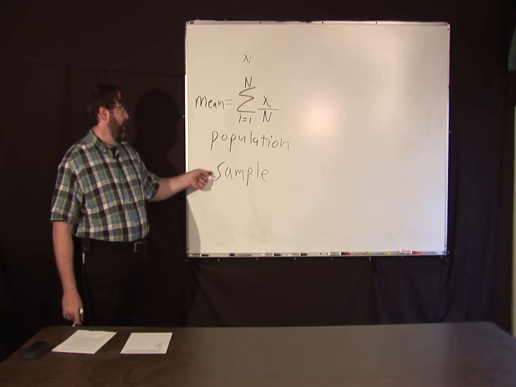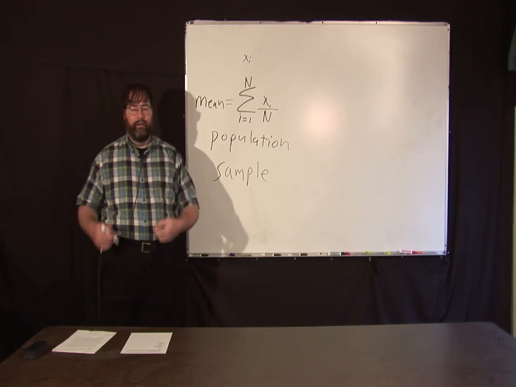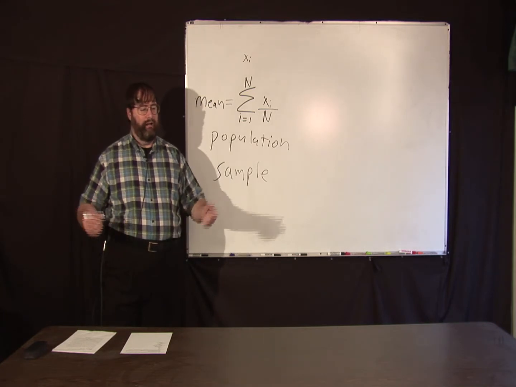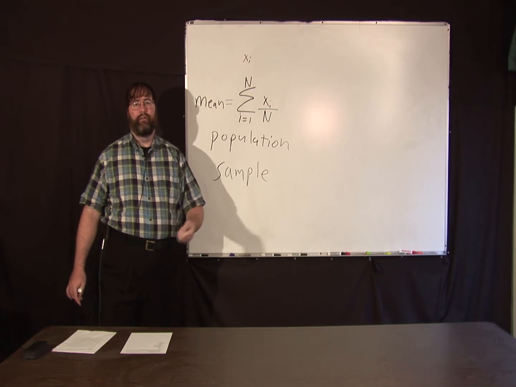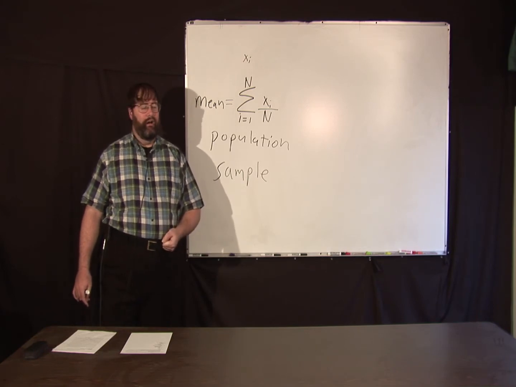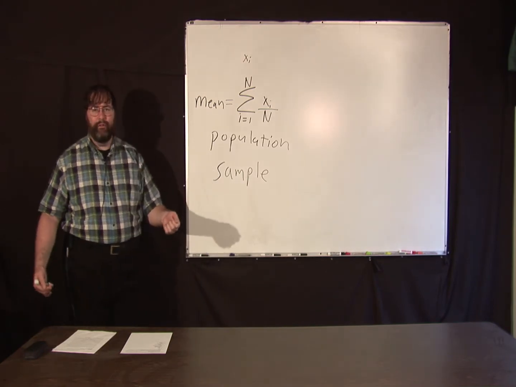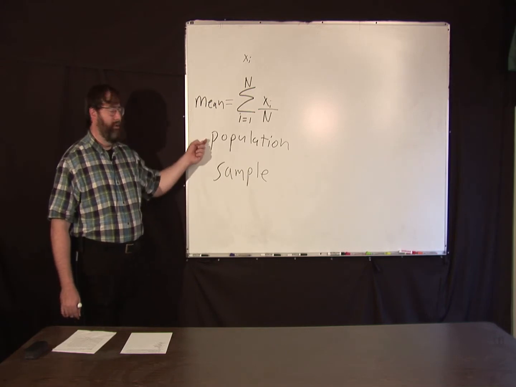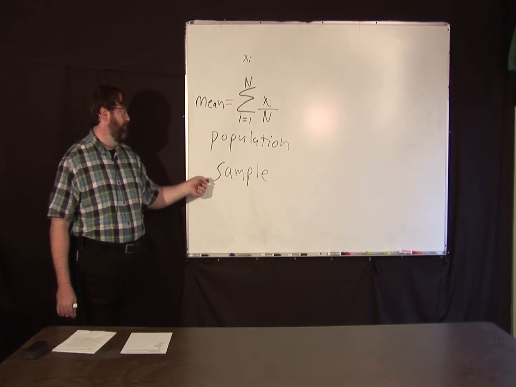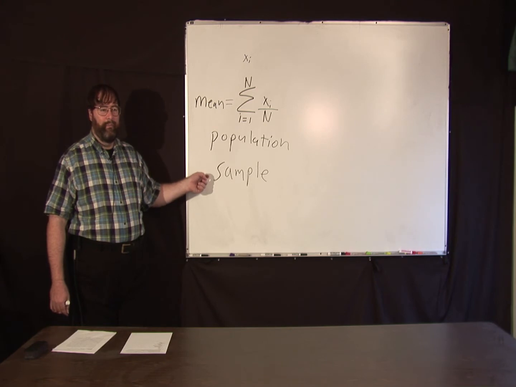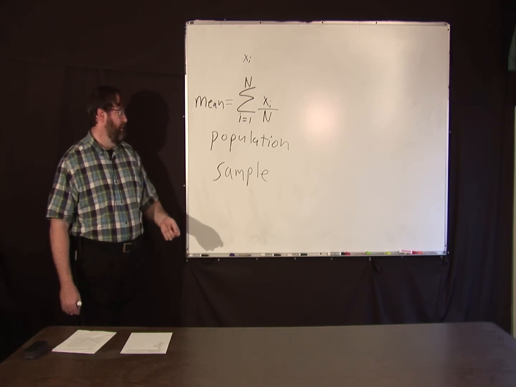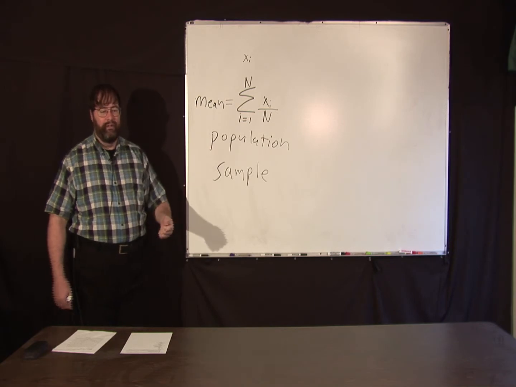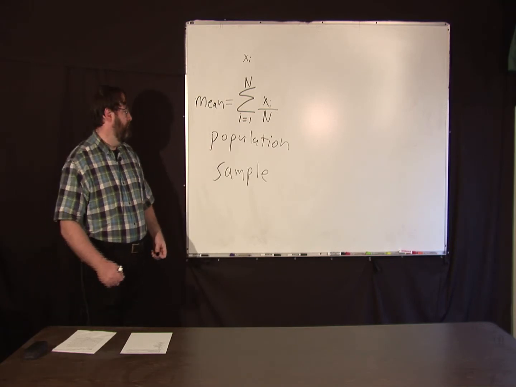An example of why you might want to sample: maybe measuring something destroys the thing you're trying to measure, which sometimes happens. In that case, the population is all the things you made, and you want to take a sample of the population to test to see if this thing is what you think it is, because if you tested the whole population, you'd have no product.